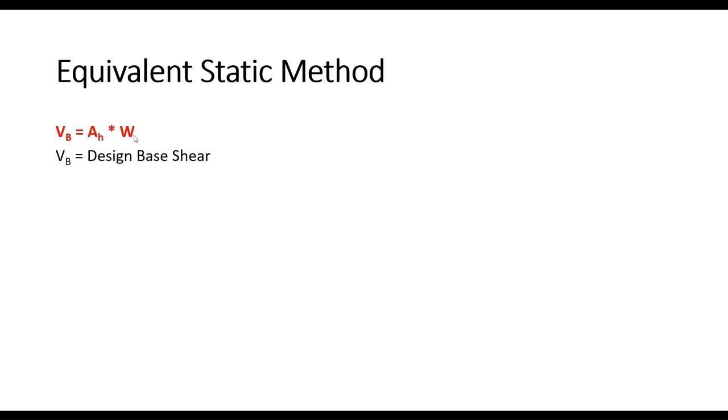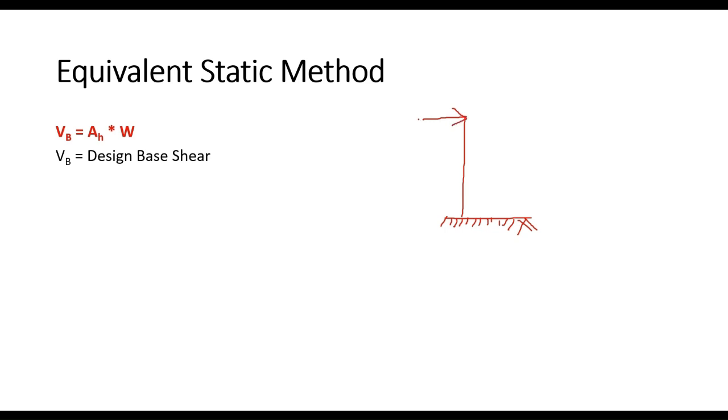What is the meaning of this base shear? Let me explain with the help of a diagram. For example, this is your building and let's say this is your ground level. Obviously the structure will be fixed here at the base with the help of a foundation, and the earthquake loads, as you know, are lateral forces, so they will be acting in the horizontal direction like this.